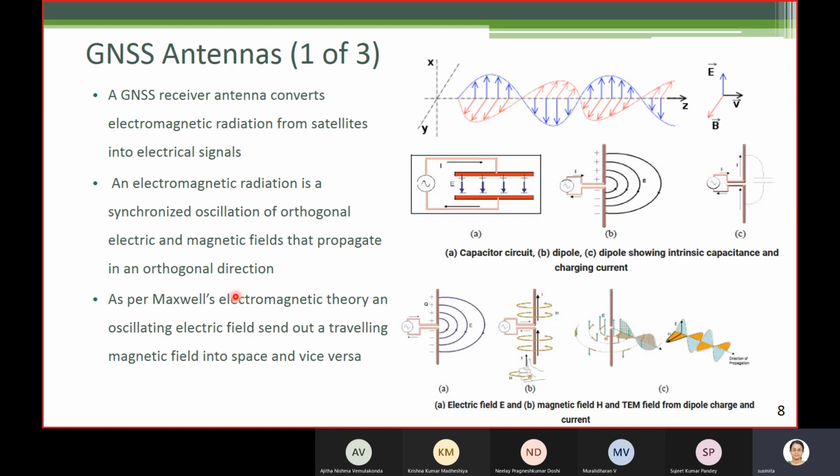If you have a time alternating field, it just varies with time. If it also propagates in space, you will have a distance term associated with it. So theoretically, it can be shown that an alternating electric field sends out a traveling magnetic field. If you want, I can send you the derivation, but it is not possible to explain that in the class.